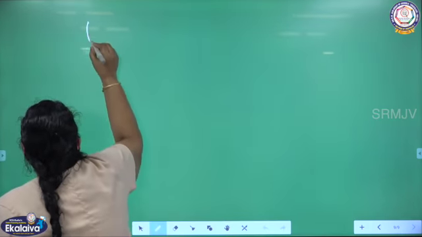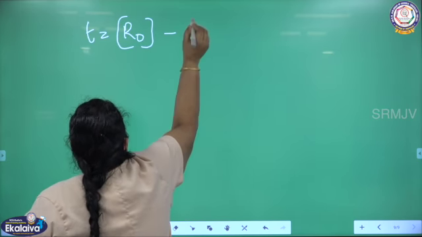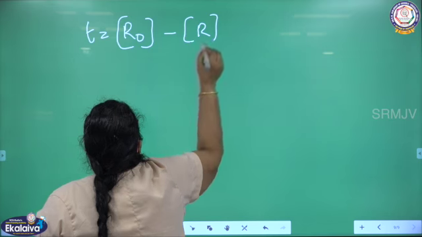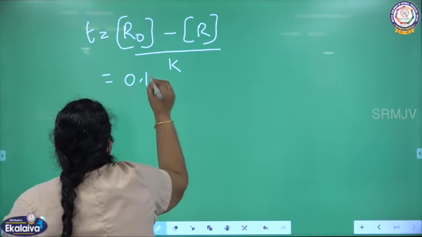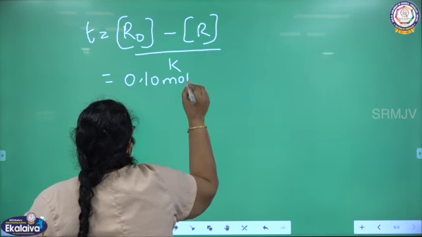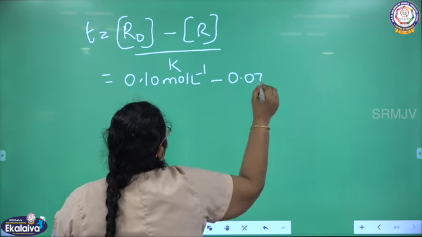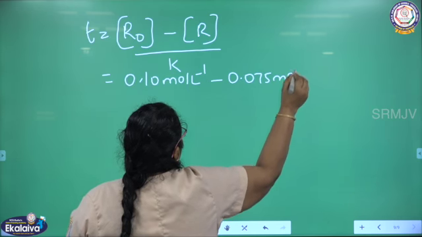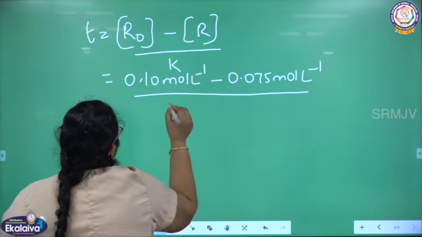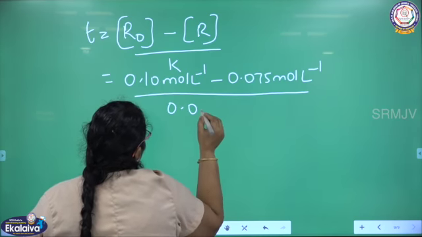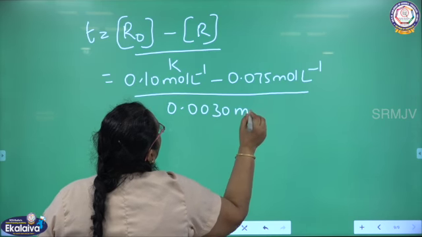Let us substitute the quantities in the given formula. T is equal to R naught minus R divided by K. What is R naught here? 0.10 mole per liter. What is R here? 0.075 mole per liter. What is K here? 0.0030 mole per liter per second.